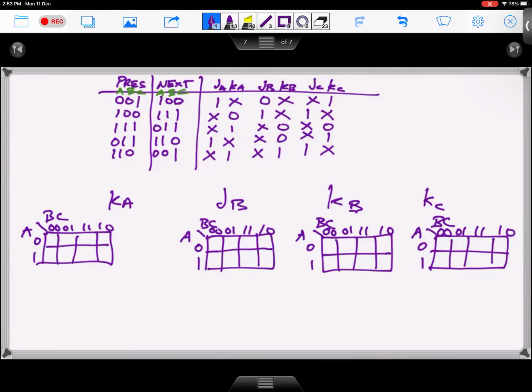So now what do we do? Well, we look up here at the KA and we put them onto the Karnaugh map here, the first Karnaugh map. Now, guys, please. If you put on the zeros and ones, everything else has to be an X. So you can do it that way quickly.